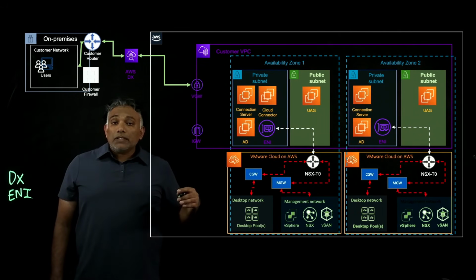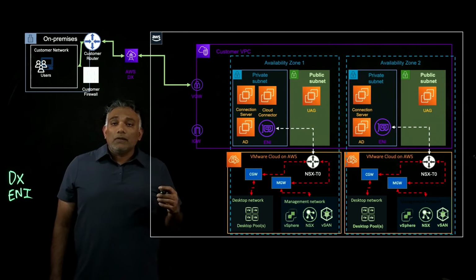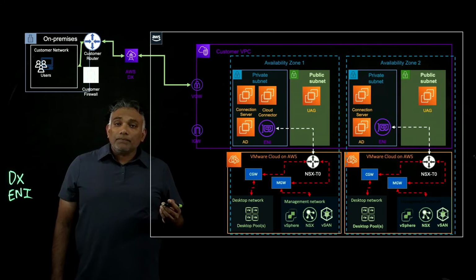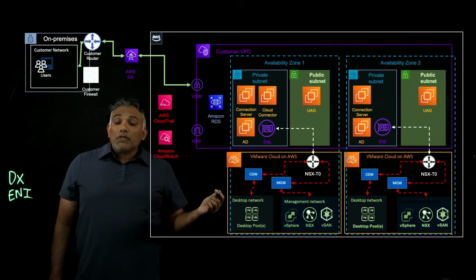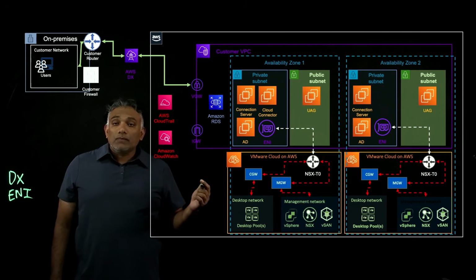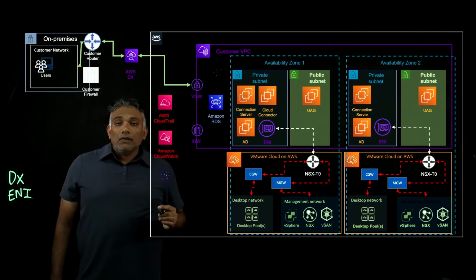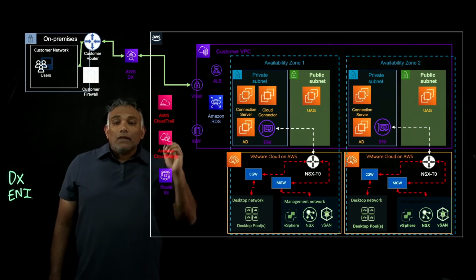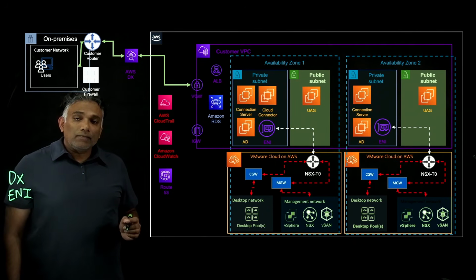It also allows you to take advantage of some of the AWS native services, such as Application Load Balancer, as well as CloudTrail, CloudWatch, Amazon Relational Database Service for event databases from your connection servers, as well as Route 53 for your DNS services.